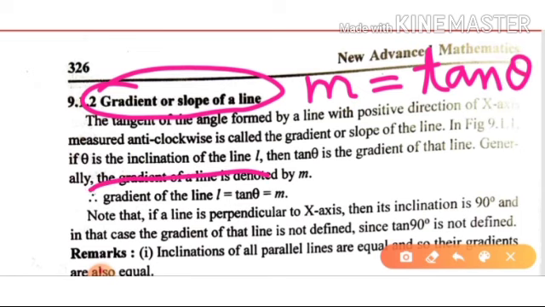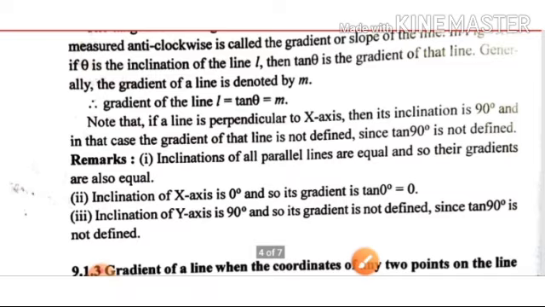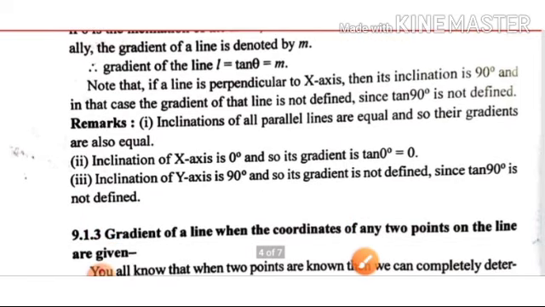Gradient of a line is equal to tan theta is equal to m. So if you know the value of theta, you can find out the gradient of a line. So what we can find here, look here, the inclination of a line.